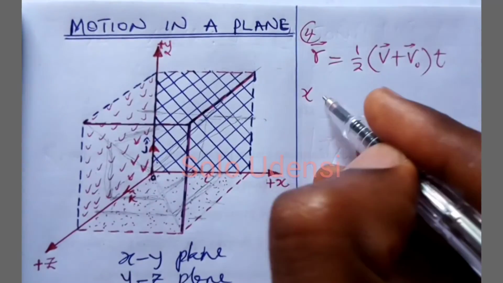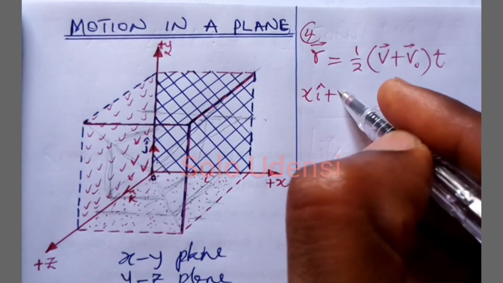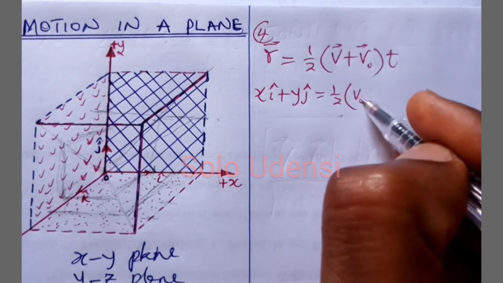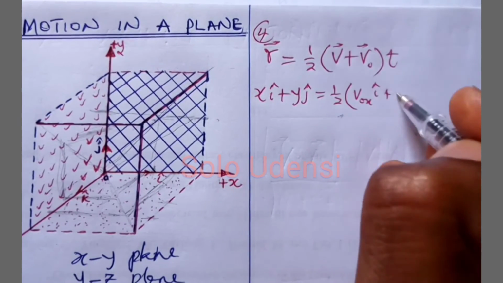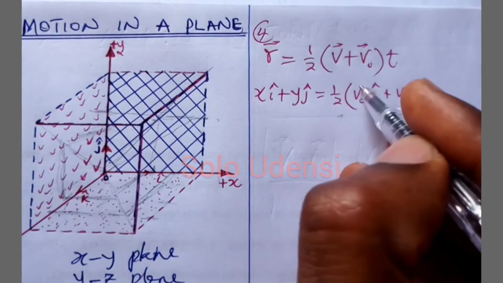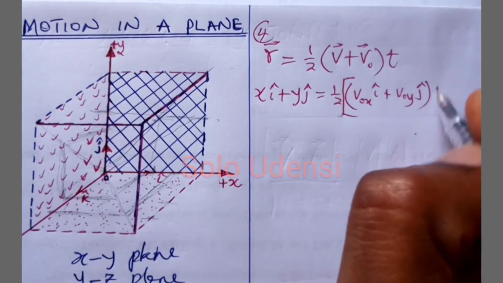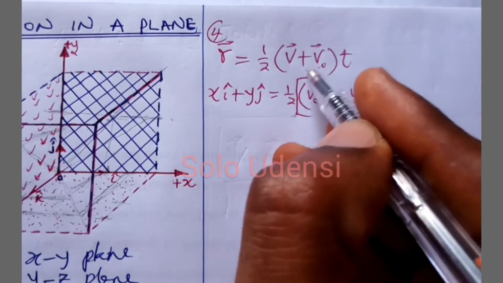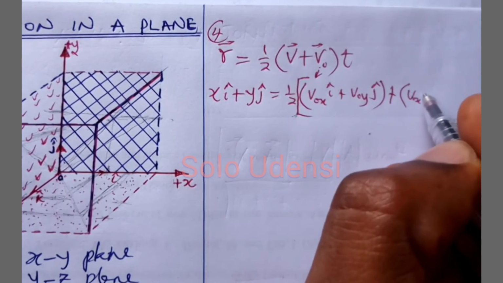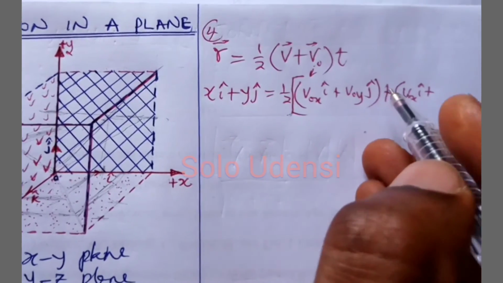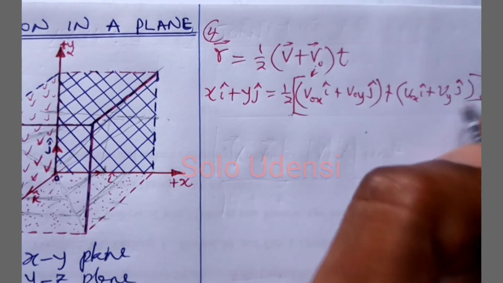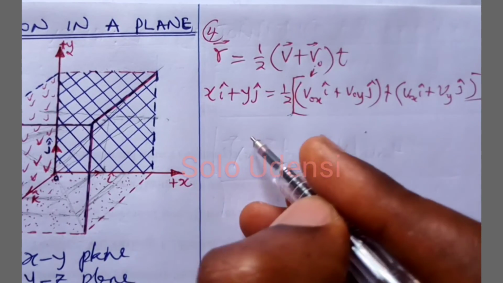So x i + y j = half into (v0x i + v0y j) plus (vx i + vy j), times time.